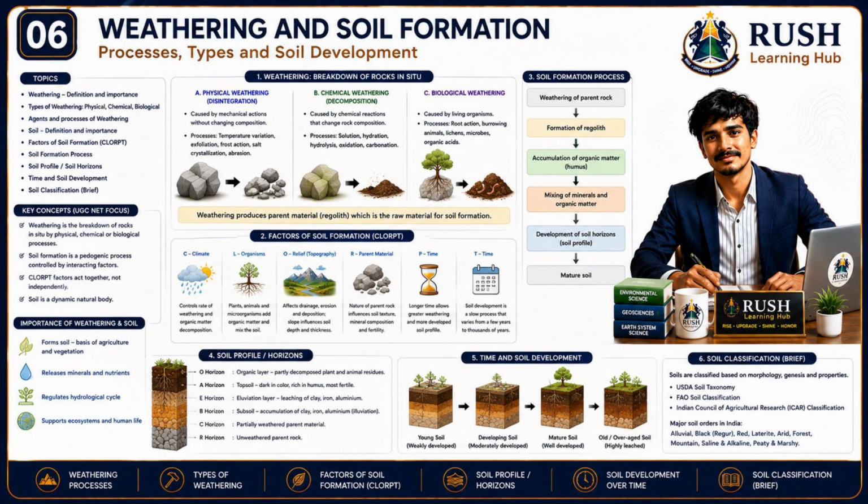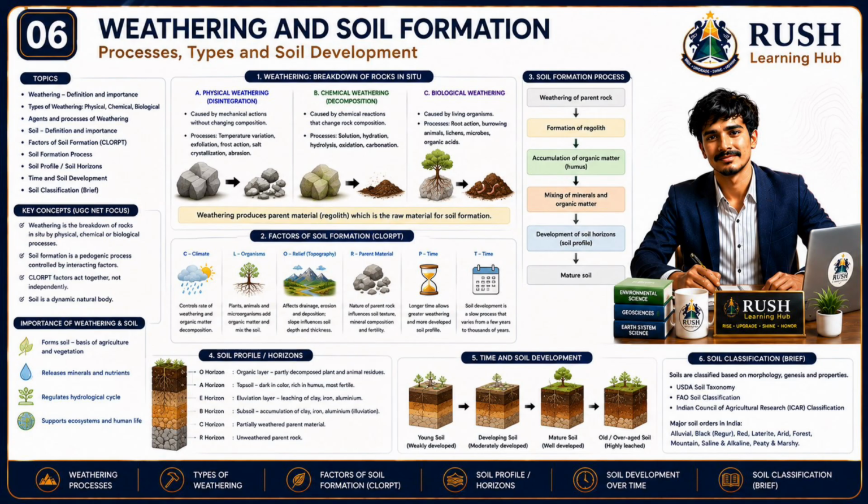Frost action occurs when water enters cracks in rocks, freezes, and expands, causing the rocks to break apart. Salt crystallization is common in arid regions where salts accumulate in rock pores and exert pressure on surrounding materials. Abrasion by wind, water, and glaciers also contributes to mechanical weathering.